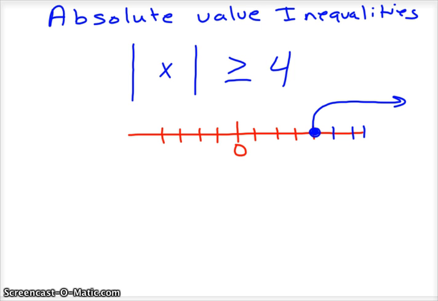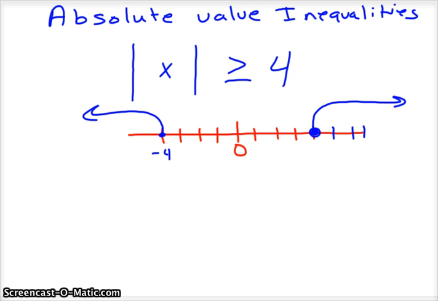And here is negative 4. Well, negative 4 is a distance of 4 from 0, and all these numbers to the left are also a distance of more than 4 or more.